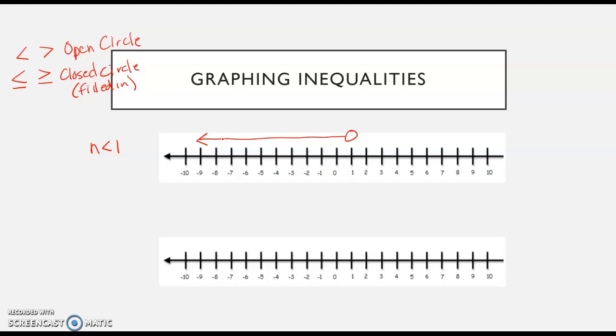And so those are my numbers less than 1. It's okay to put it on the graph itself, and then we would graph it this way. Either way, both of these are correct.